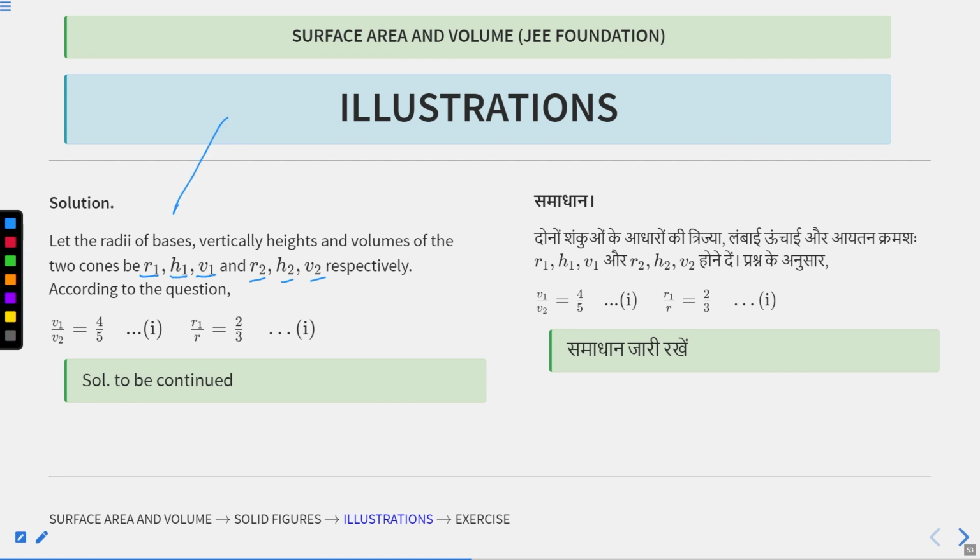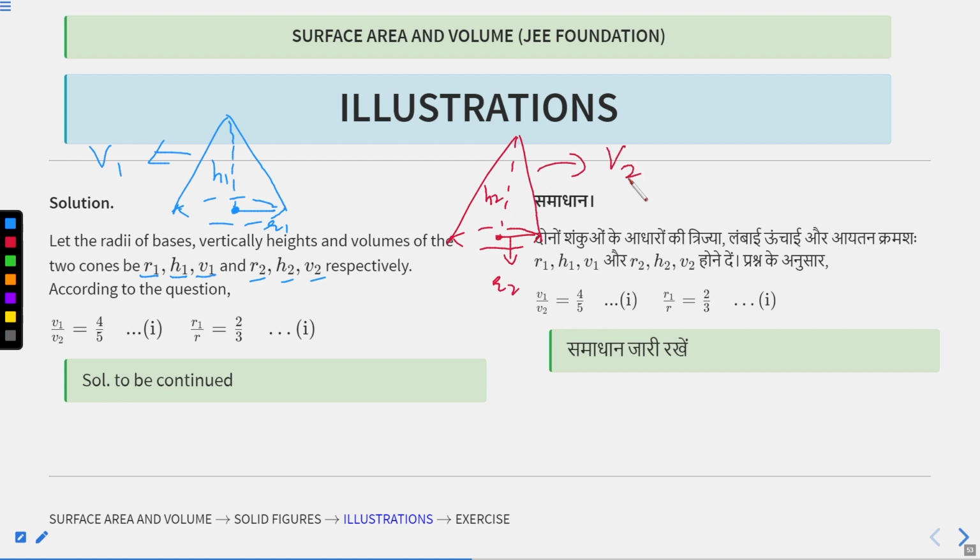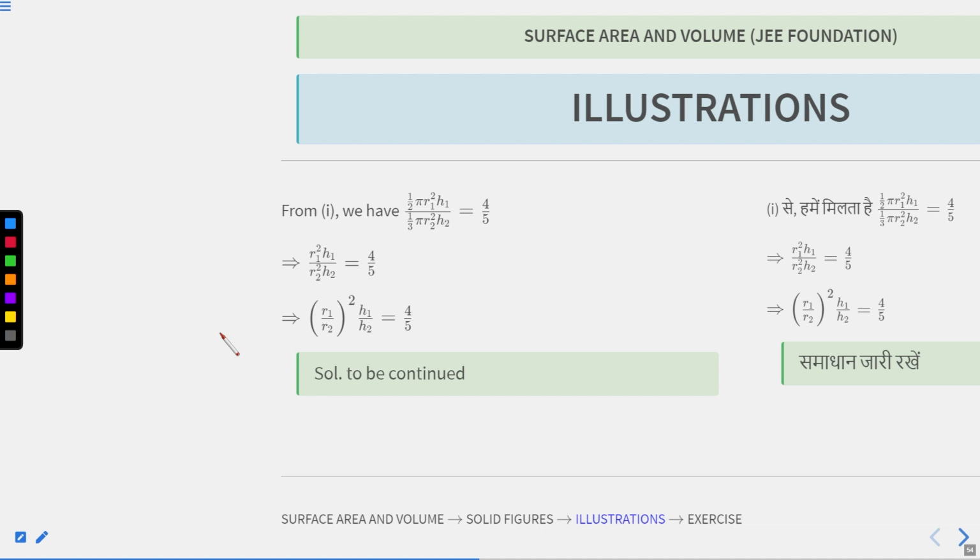Let me visualize this also. So this is my R1, this is my H1 and the volume is V1, and this is my R2, this is my H2, and this is V2. We know V1 by V2 is 4 upon 5 and R1 by R2 is equal to 2 by 3. I hope this is clear.